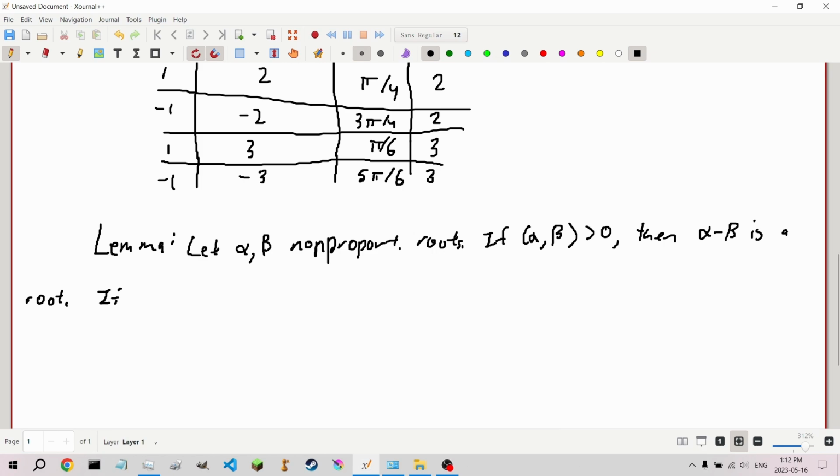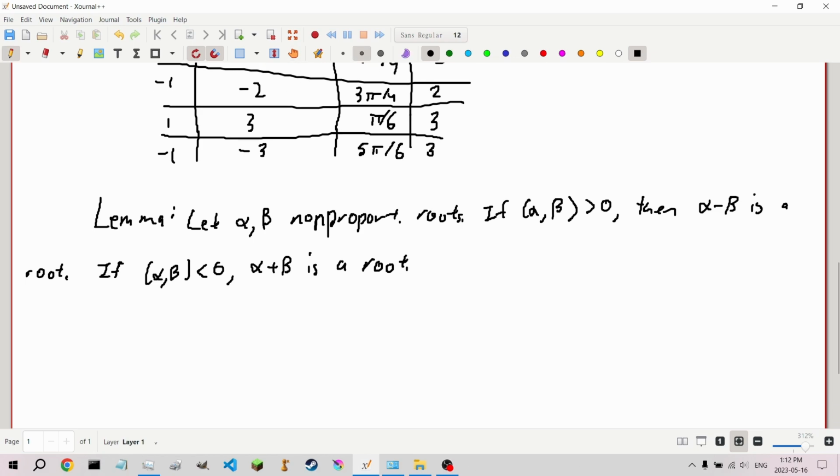If the angle between alpha and beta is not, then alpha plus beta is a root. I'm scrolling down more aggressively than usual to hide my horrible diagram. We only need to prove the first.